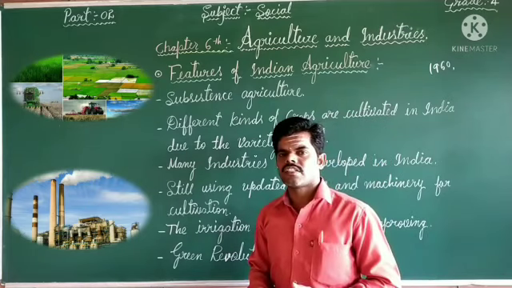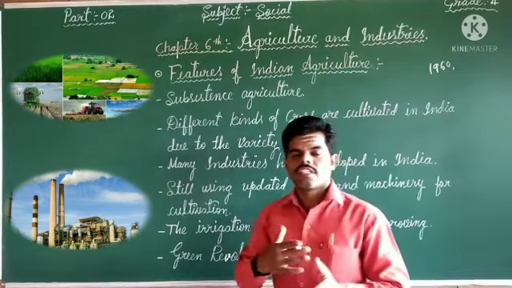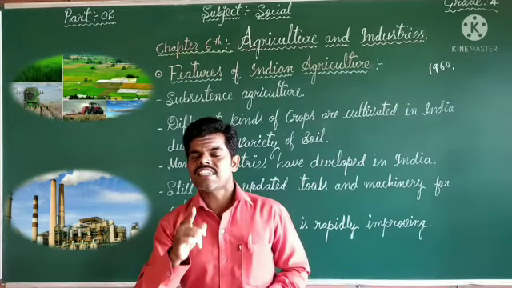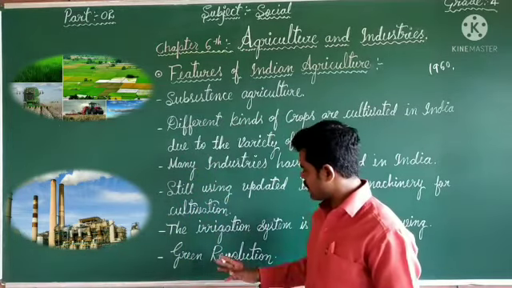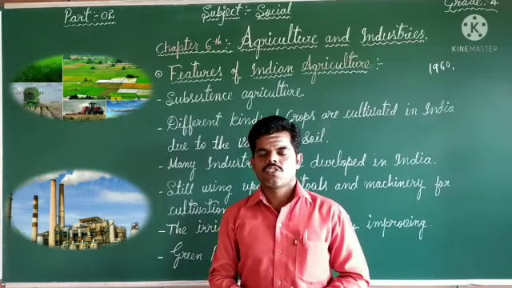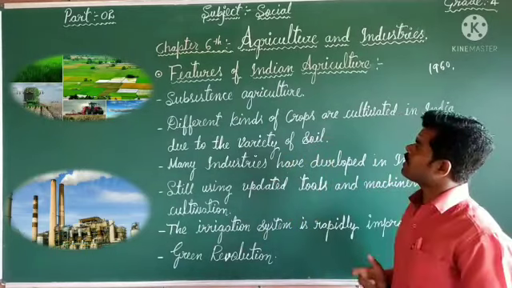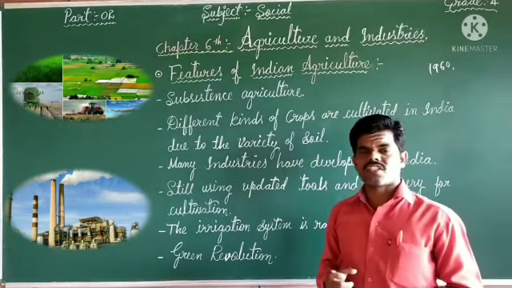The Indian government found out such things and undertook them in 1960. This we call the green revolution. Like that, Indian agriculture has many different features.